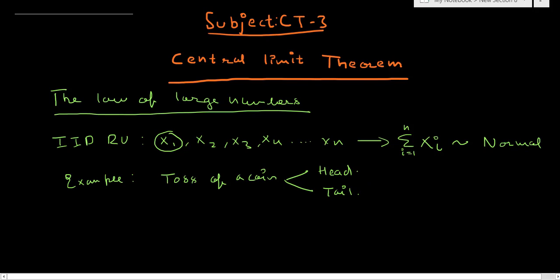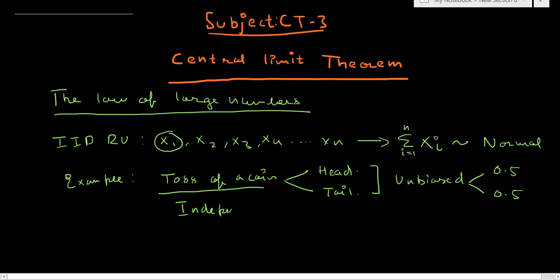So I have two options. I can get a head or I can get a tail. Obviously, it's an unbiased coin, so the probability of getting either a head or a tail is the same. It is 0.5 for both of them. These tosses of coins are all independent and identically distributed.